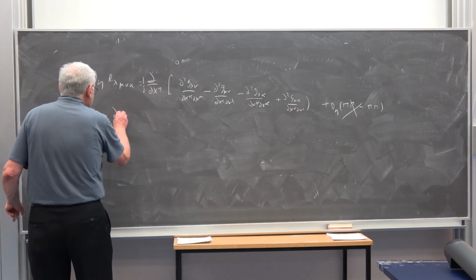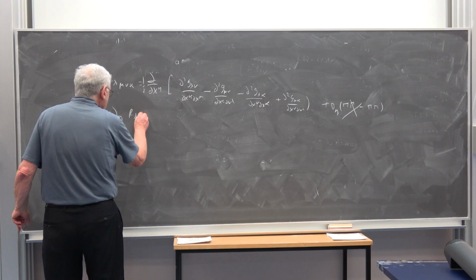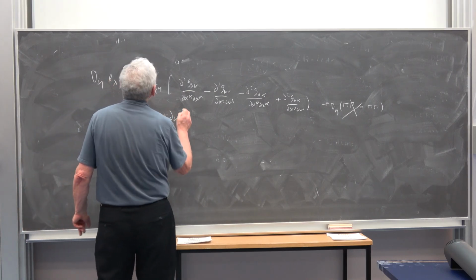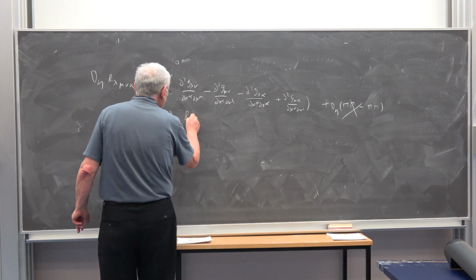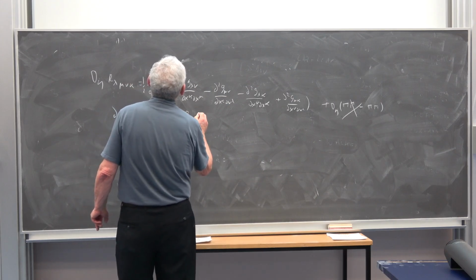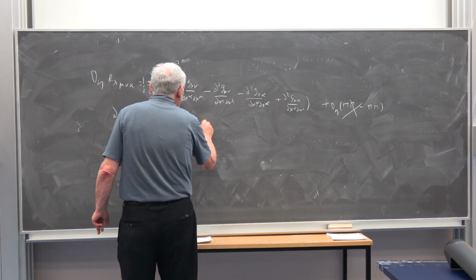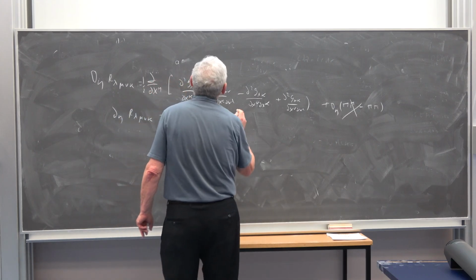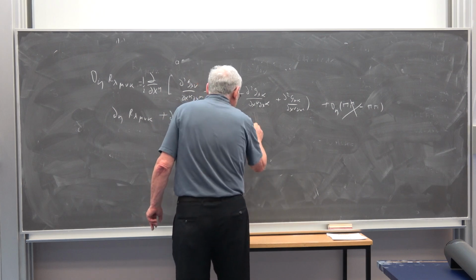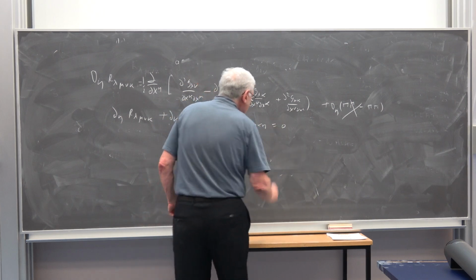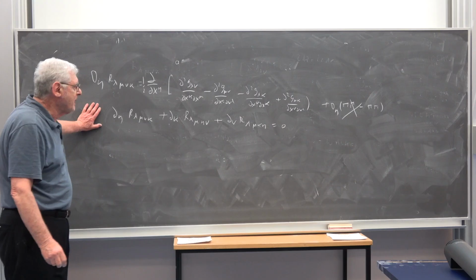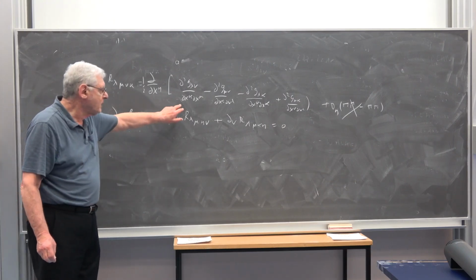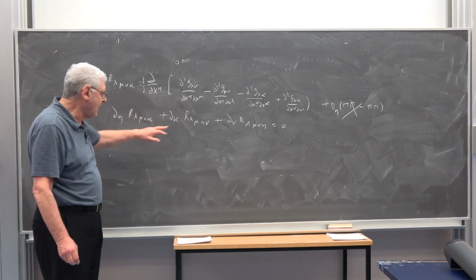And you can show that d eta R lambda mu nu kappa plus d kappa R lambda mu eta nu plus d nu R lambda mu kappa eta is equal to 0. You can show that directly, you just add up all the derivatives. They're very straightforward, because each term is just three derivatives.